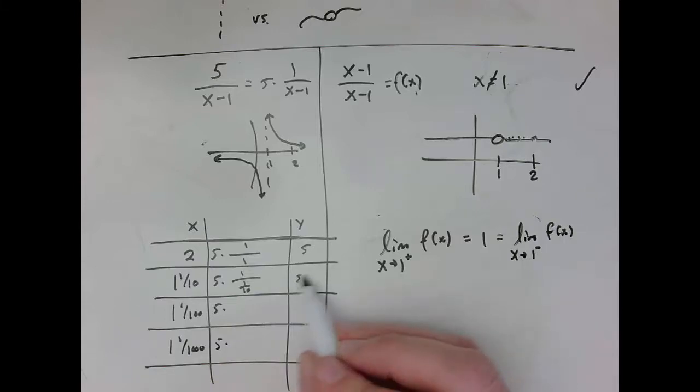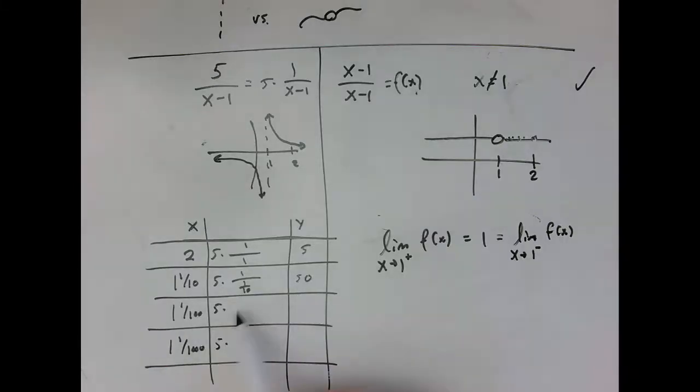So this is actually 50. Here I've got 1 over 1 minus 1/100th, which is the same thing as 1 over 1/100th. So again, this is like 5 times 100, which is 500. You probably sense the pattern here, this one's going to be 5,000.